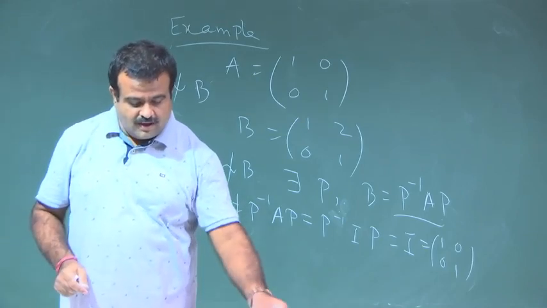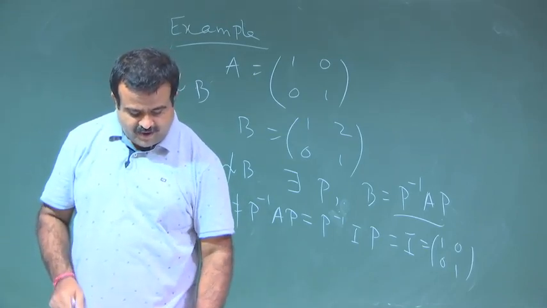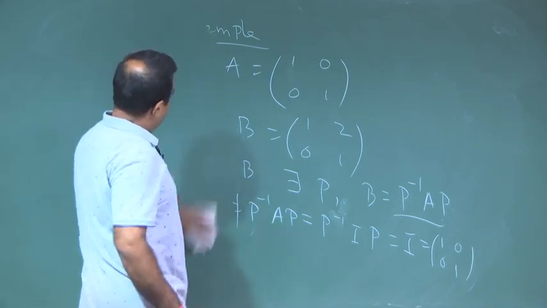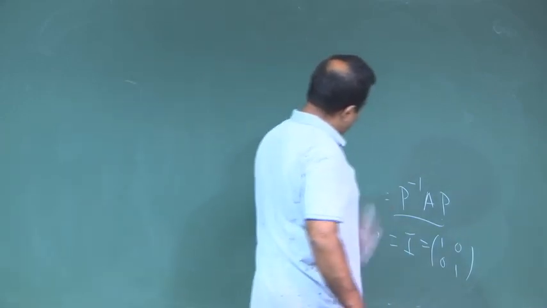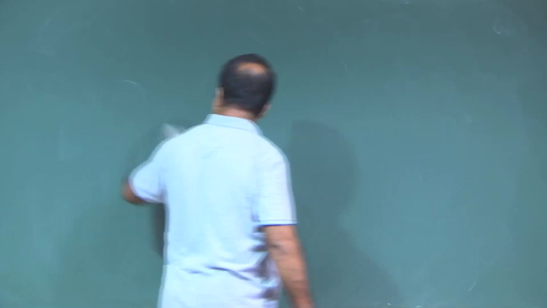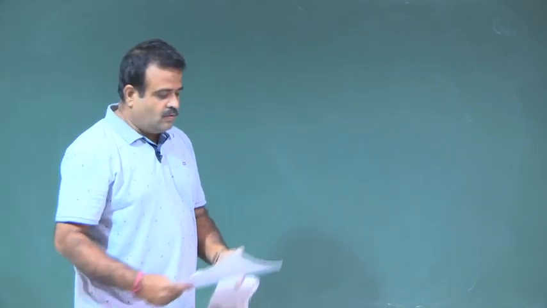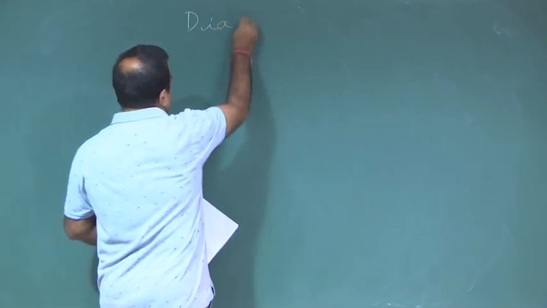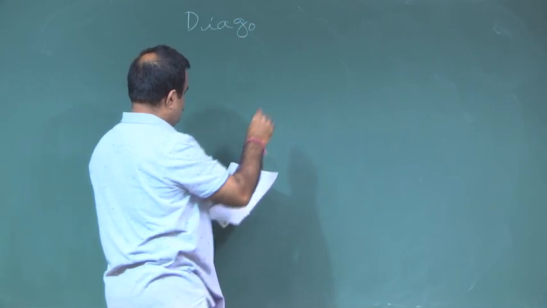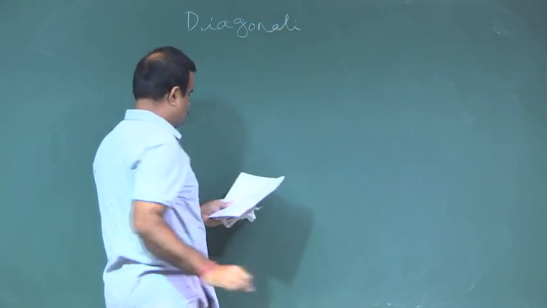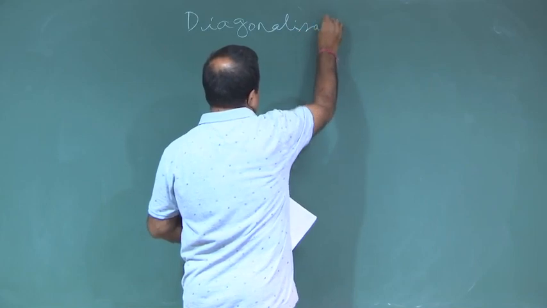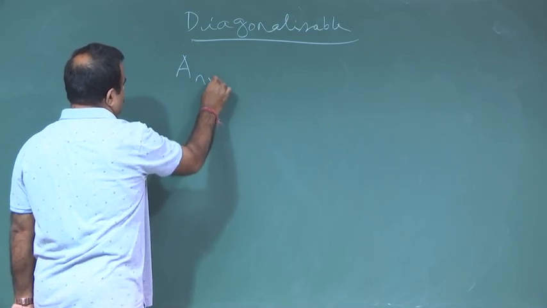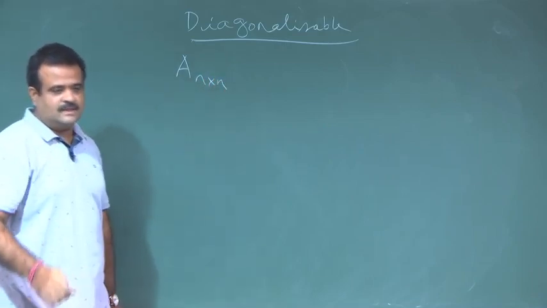Now, we will define the diagonalizability of a matrix. Suppose you have a square matrix A of size n by n.